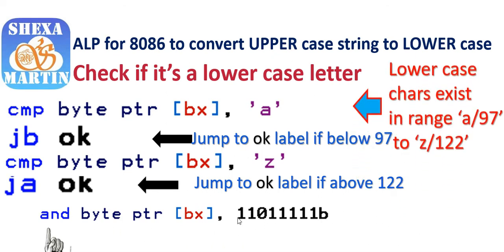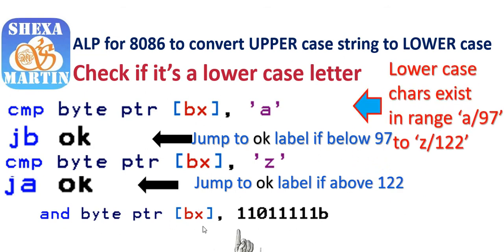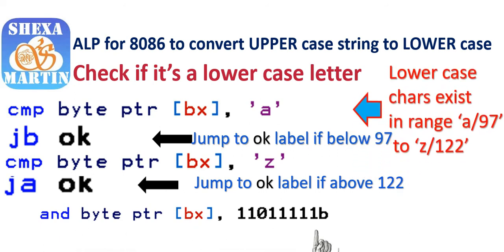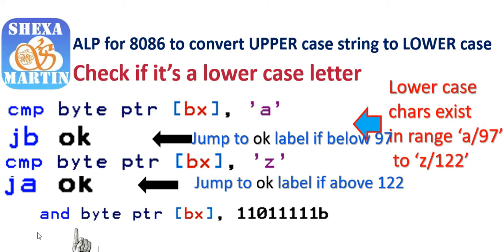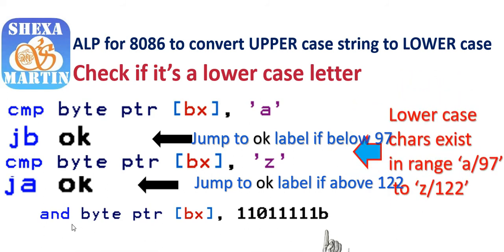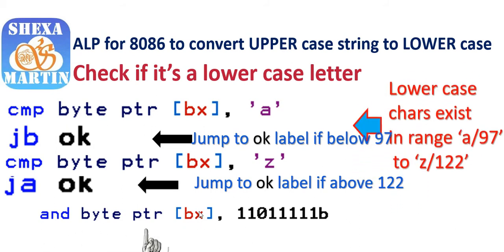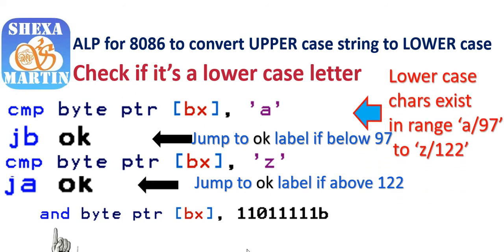This is the exact value that you use to multiply with the value stored at location BX. But this multiplication is not the normal one where we say multiply; we use the AND instruction. The AND instruction combines this value and that to convert the character at this location to the other case.